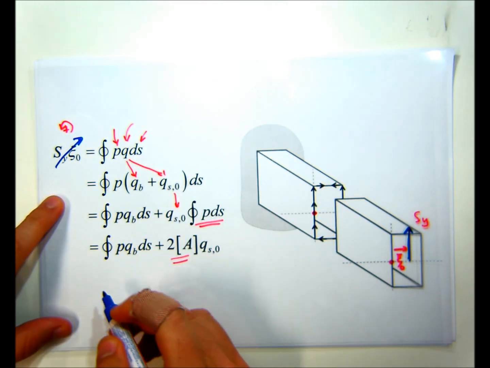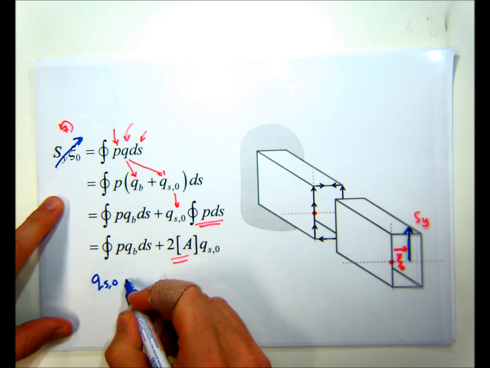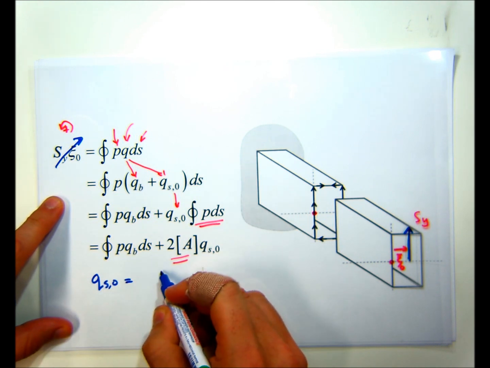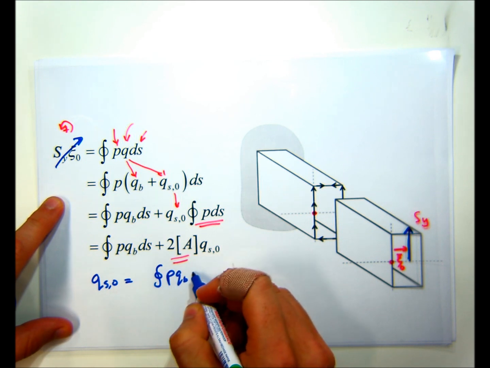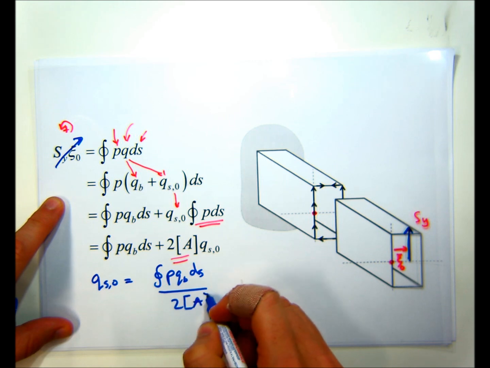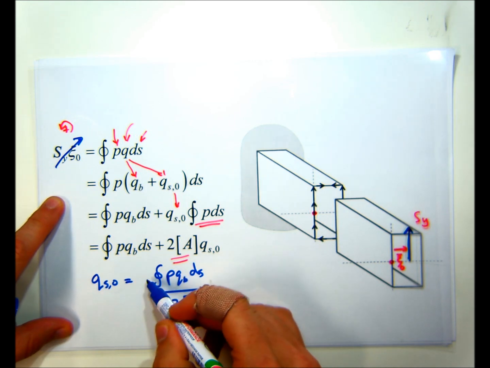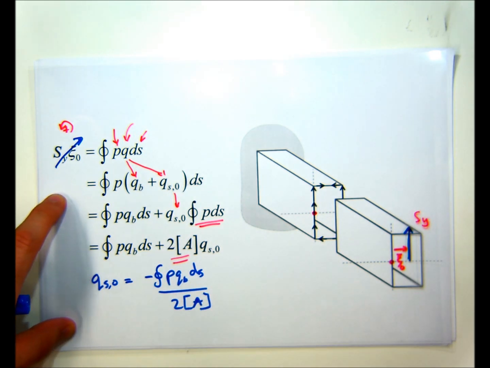And we can end up with QS naught equals the integral around the loop of P QB ds on 2a, and in this case we also need a minus sign because of the way we've defined our moments.